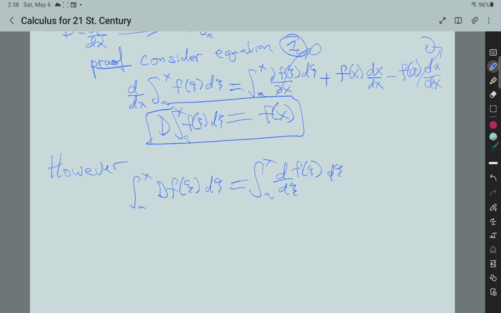But notice that the differential dc cancels here, so you're left with just a to the x d of f of c.